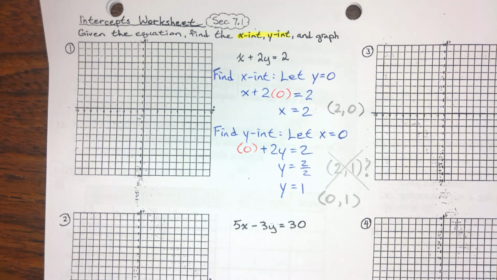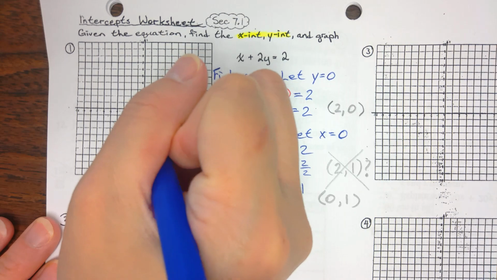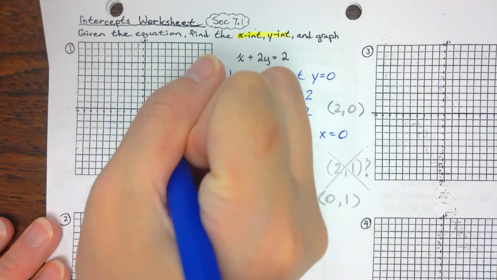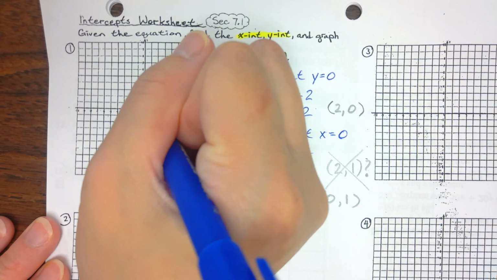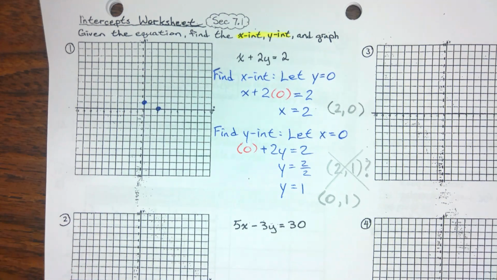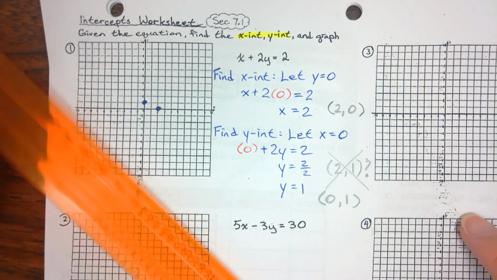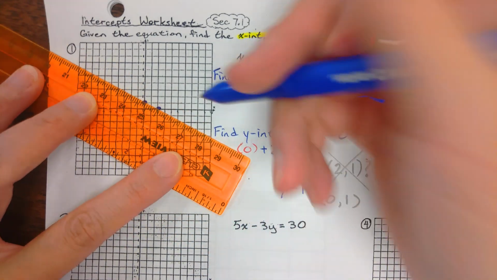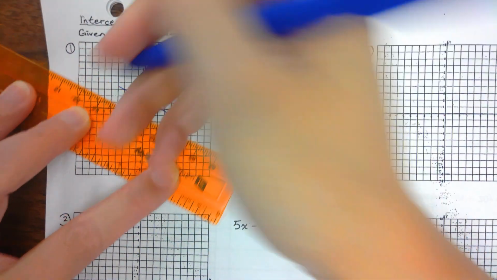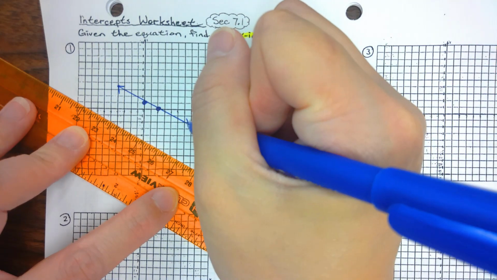And so when you graph it, 2, 0 is right here, and 0, 1 is right here. There's my 2 points, and that's what I need to form my line.